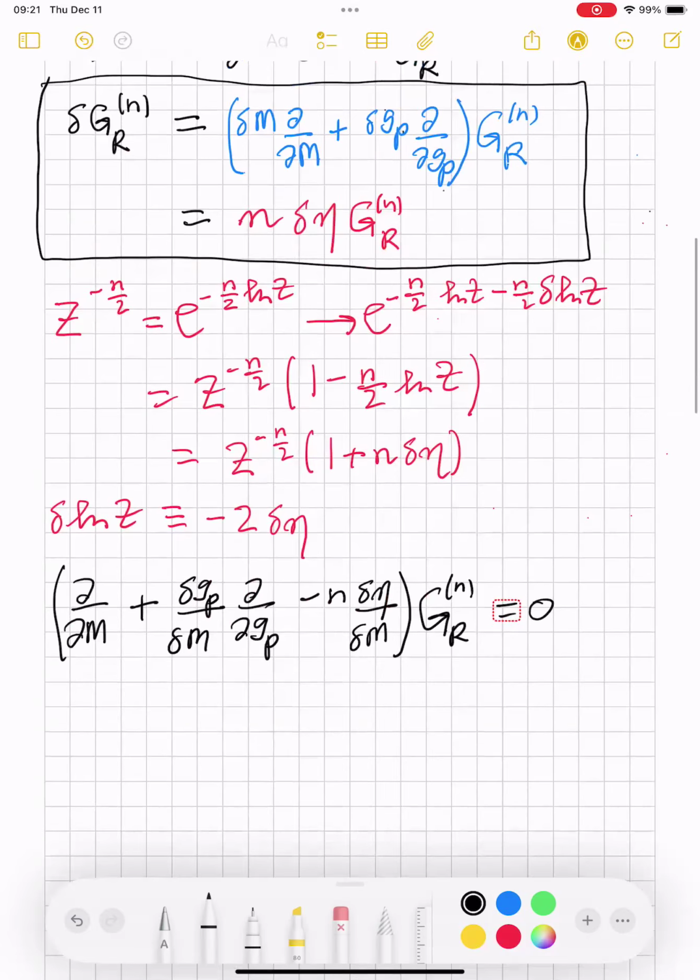And I got this just by equating the blue and red terms in the above box.